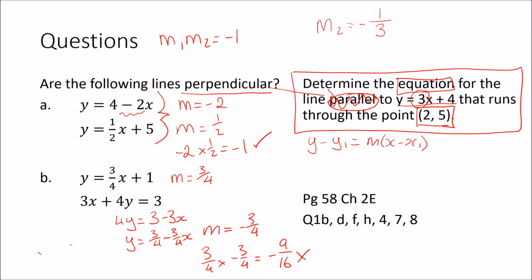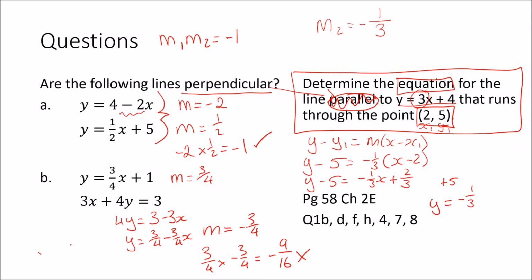So now we can solve it. Minus our y1, so remember if we label these, it makes life easier. y minus 5 equals -1/3 times (x minus 2). Going to expand out our brackets. Okay, then we need to add 5 to both sides.